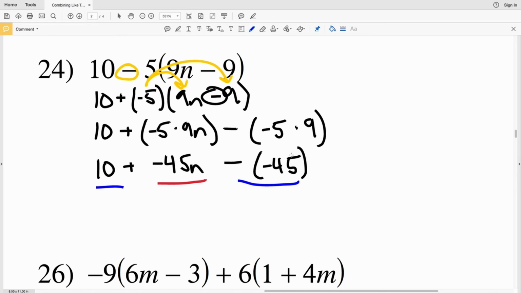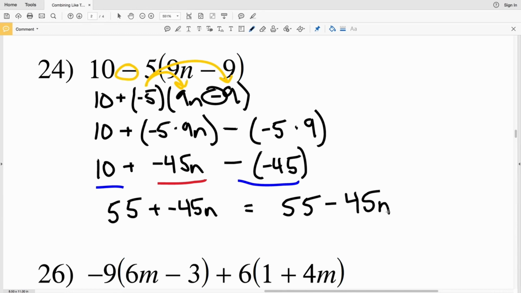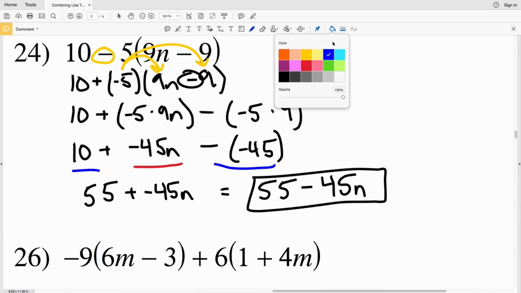So 10 plus that positive 45, since we're adding that positive, is going to be 55, and then we're left with plus negative 45n, which is simply 55 minus 45n. So let me go ahead and write adding that positive, so that when you look back on your work, you know that you didn't take away that 45, you added that 45 since you were subtracting a negative.